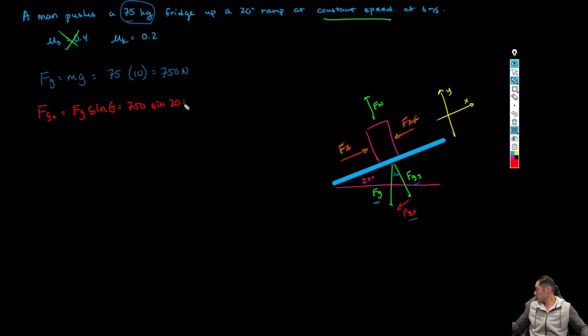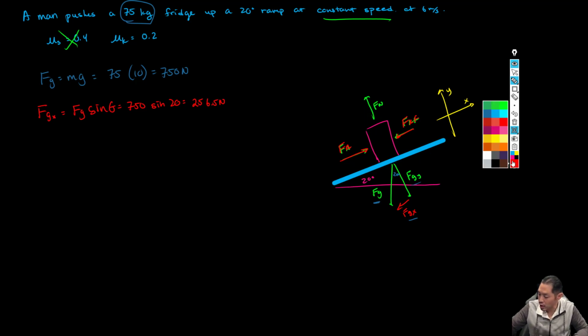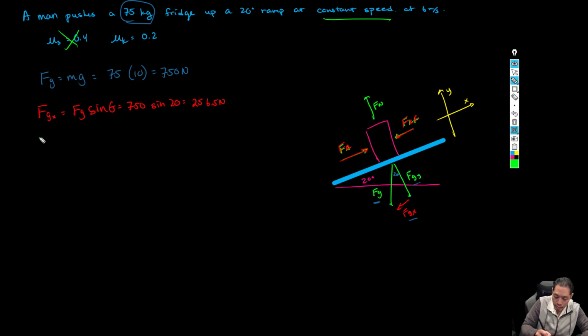So let me find my calculator. 750 sine of 20 gives me about 256.5 newtons. I'm going to do the same thing with F g y. F g cosine theta.